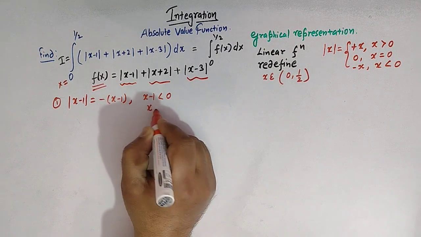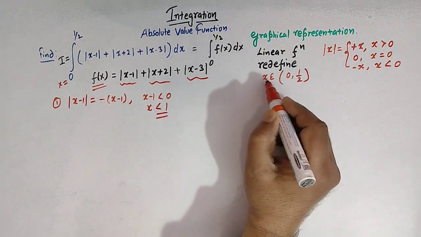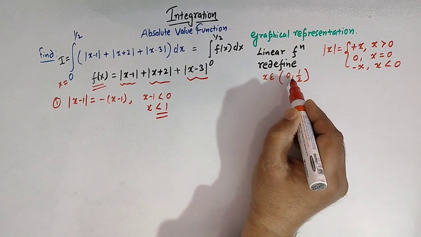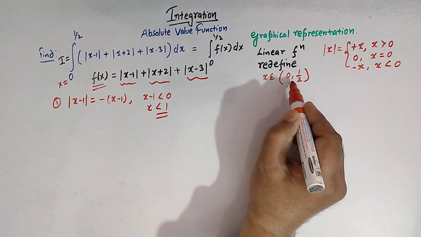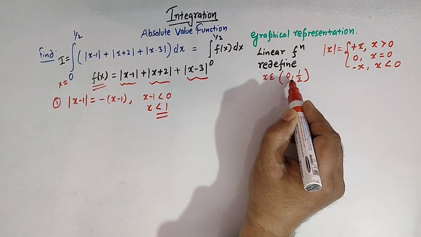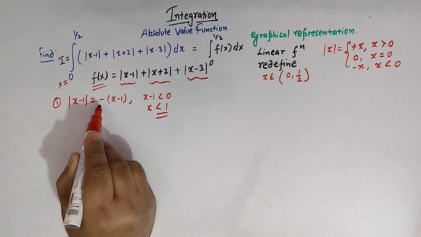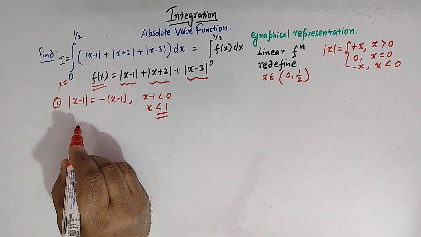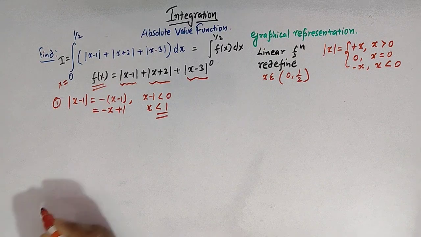So it implies that x is less than 1, right? And see, here we have x belonging to 0 to half. So all the values of x which belong to this interval, that is 0 to half, mod of x minus 1 must be equal to negative of x minus 1, right? So we can now write minus x plus 1, right?